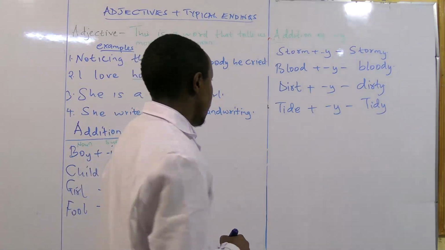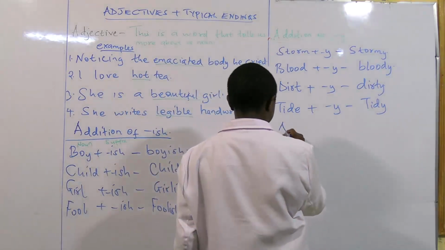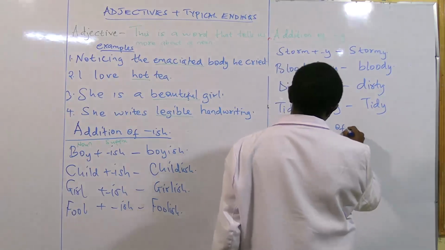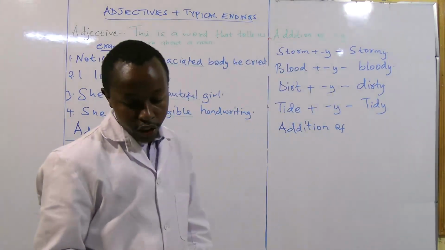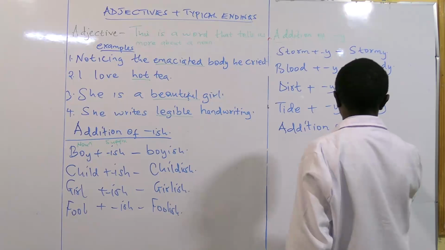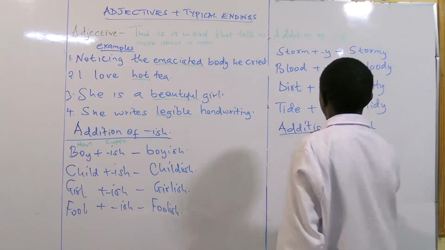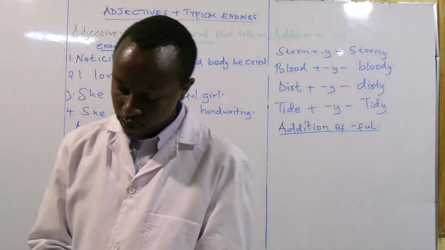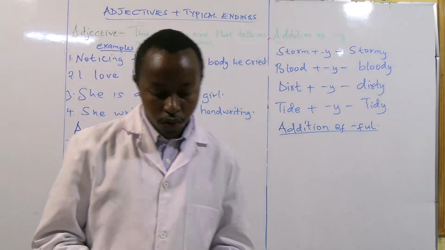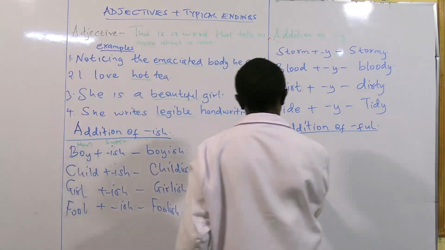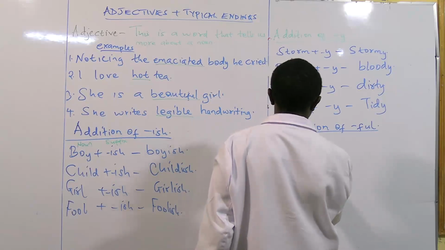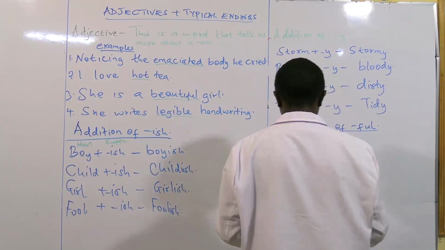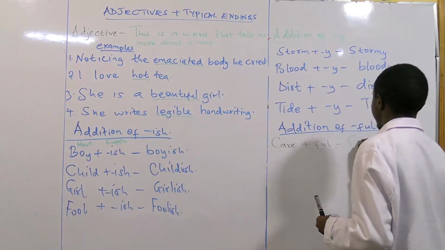We have this other one, addition of fool. For example, when we talk of addition of fool, we have care plus fool becomes careful.